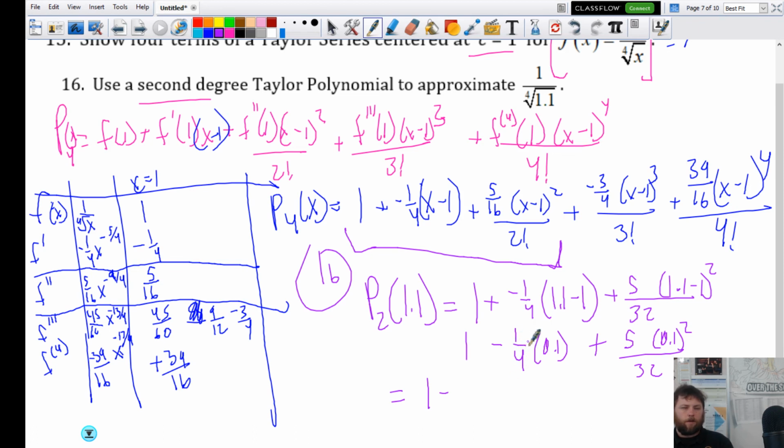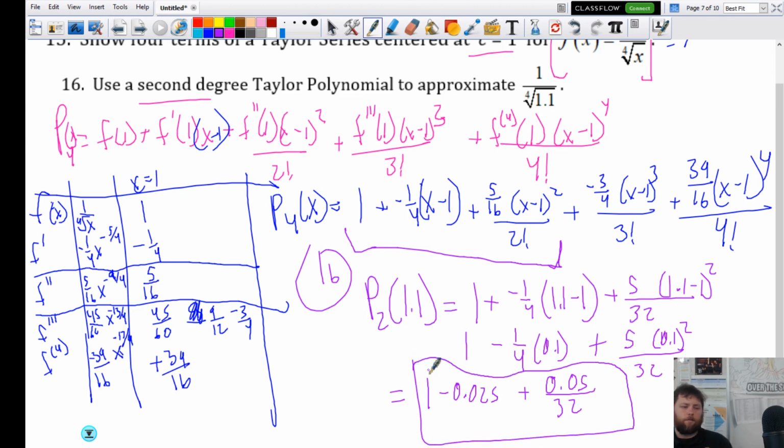Wait, that's probably a bad call. Now this is the same thing as 0.25 times 1. So minus 0.025. This will be plus 5 times 0.1, so 0.05 over 32. Sure, I mean, I'm not simplifying that. That was silly. So there I go.